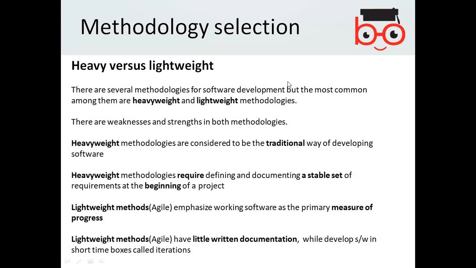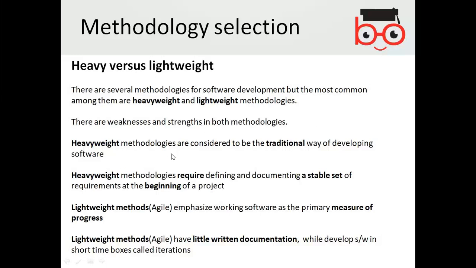So basically, when you are looking at the selection of the methodology, you are classifying those methodologies into heavyweight or lightweight. Obviously there are certain weaknesses and strengths in both methodologies. Let us look at what they are.